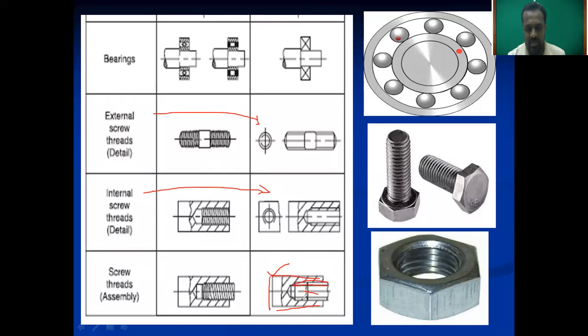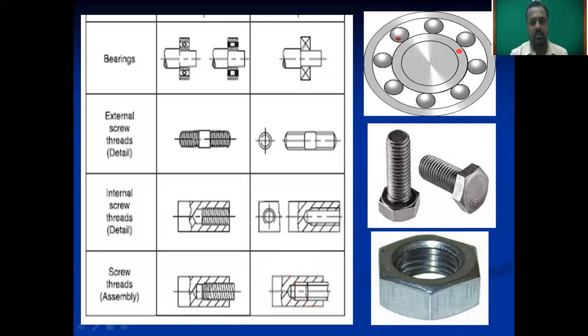After two such lines, what should we understand? Okay, so this is the conventional representation for the screw thread assembly. It means we are inserting the nut and bolt, or we can say we are inserting the screw inside that hole like this.